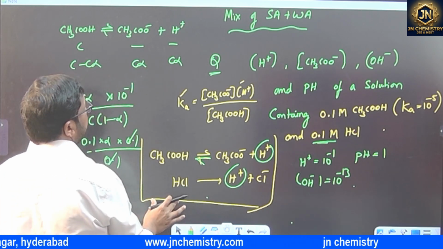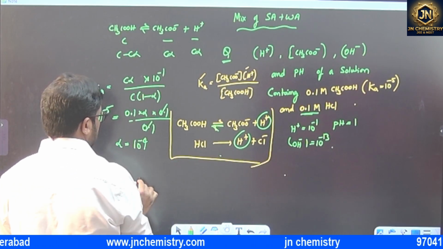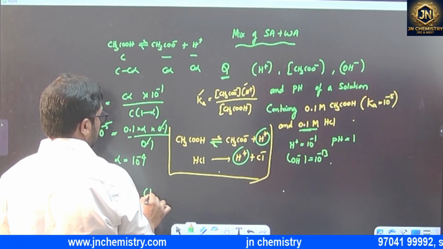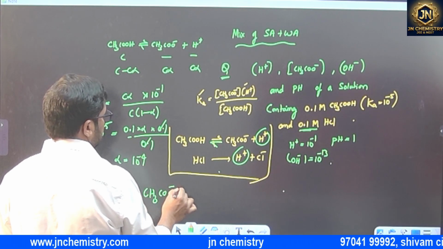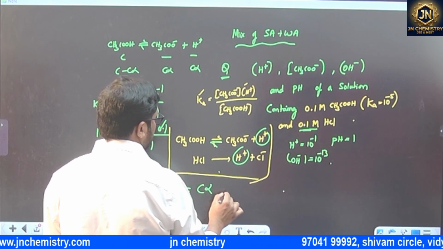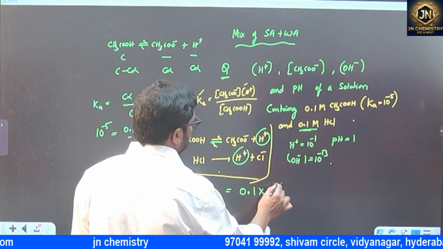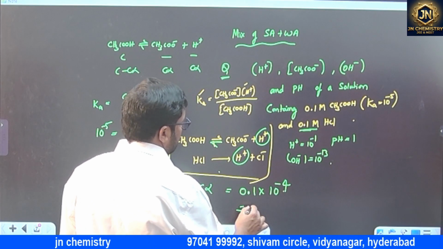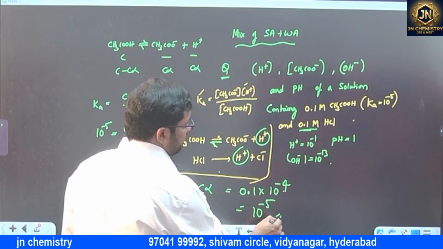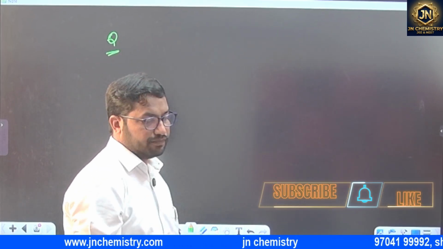C alpha means what? How much? CH3COO minus equals C alpha. C is how much? 0.1 into alpha 10 to the power of minus 4, 10 to the power of minus 5.